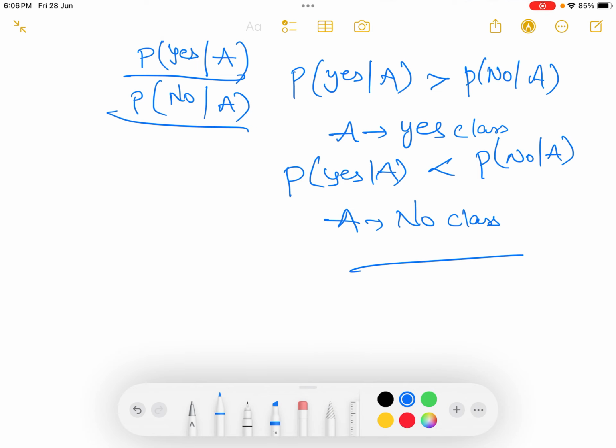So in this way, based on posterior probability, we can predict the class label of a sample. So this way we are going to use Bayes theorem for classification.